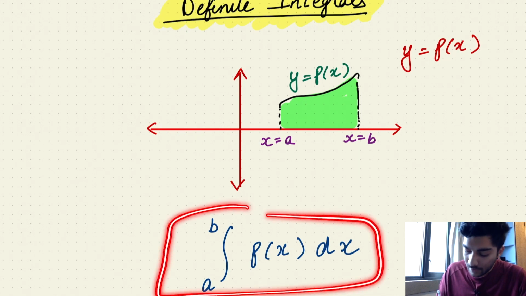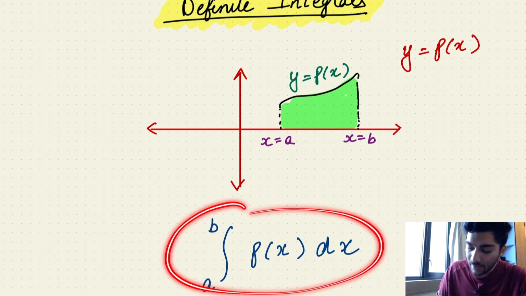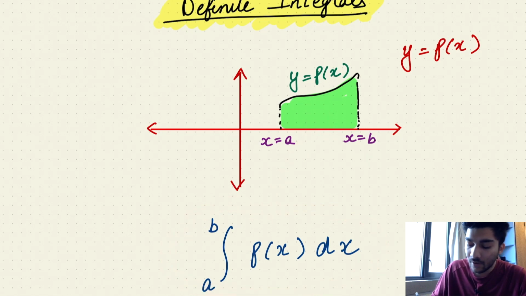So to sum this expression up, I'm calculating the area under the curve for the function f(x), where my x is varying from x equals a to x equals b. And this is the same thing as the area of this shaded region represented on the screen.